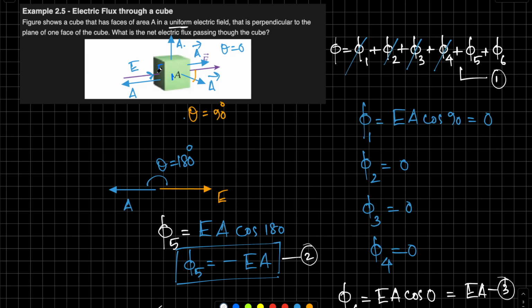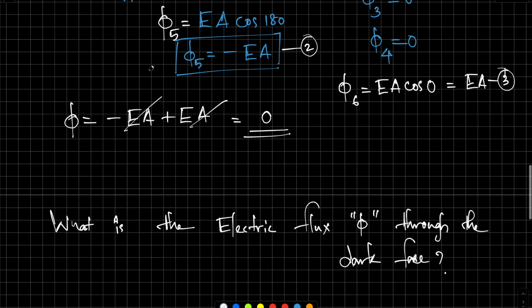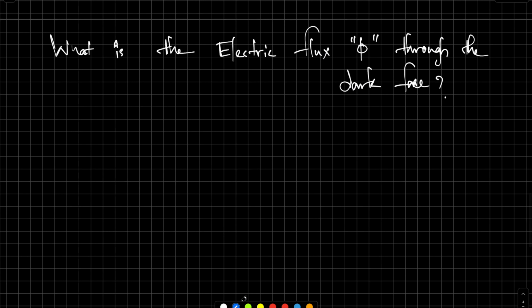Then we have to consider only this face. The electric field is towards right. Area vector is towards left. The angle between them is 180 degrees. So phi equals EA cos 180, which is minus EA.